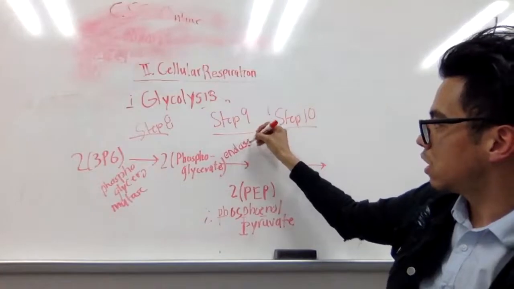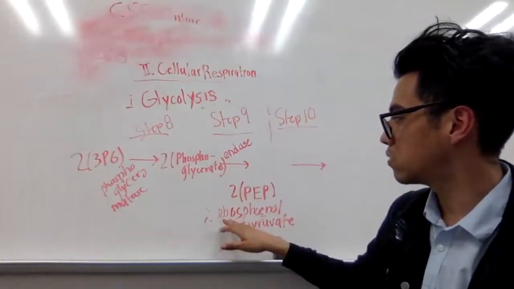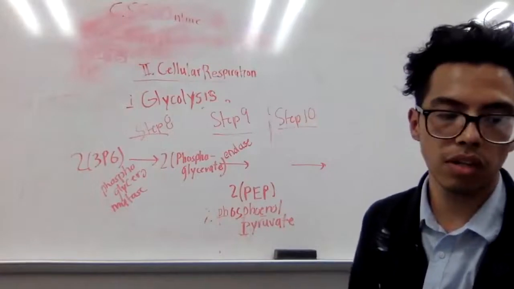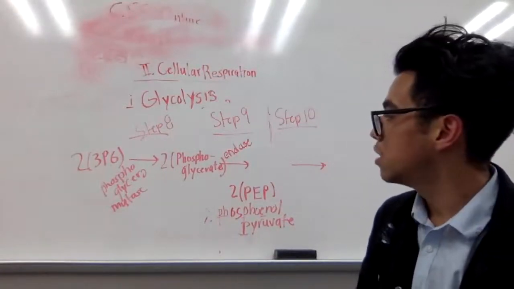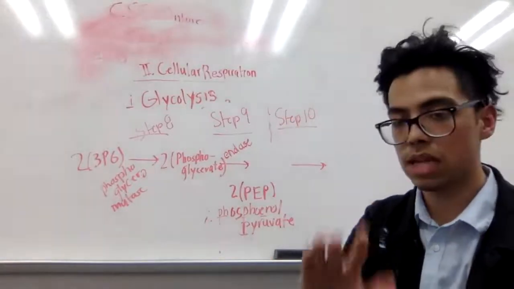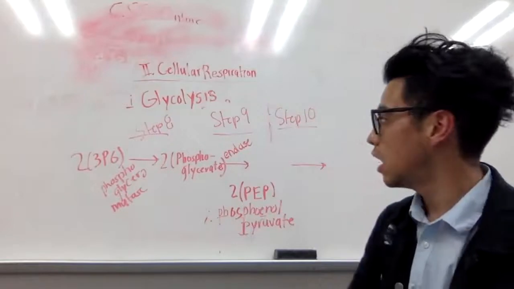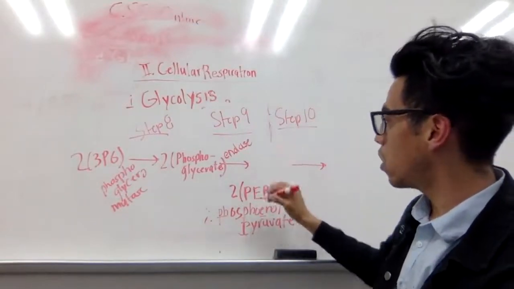We're going to use enolase, which is an enzyme that creates an enol, or in this case, phosphoenolpyruvate. Not much to know about that step. The big important step is step 10, which is a step you have to memorize and know very well in detail, where you start off with 2 PEP.